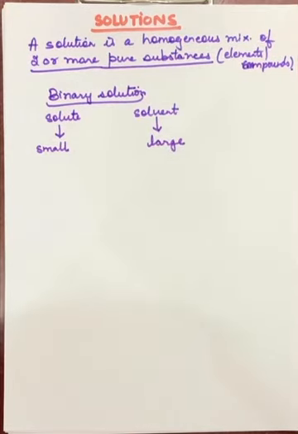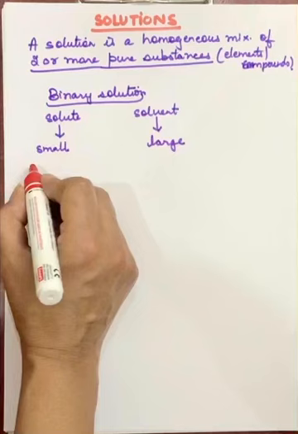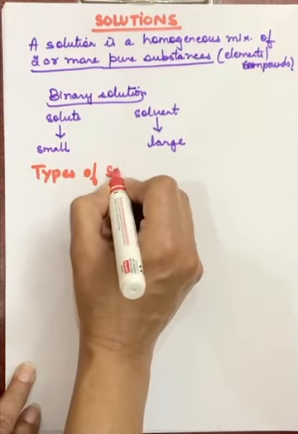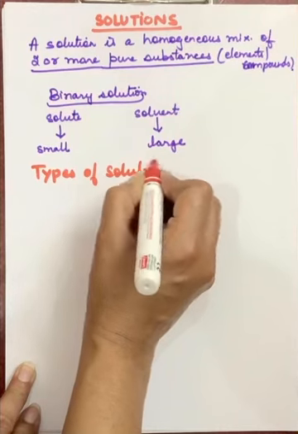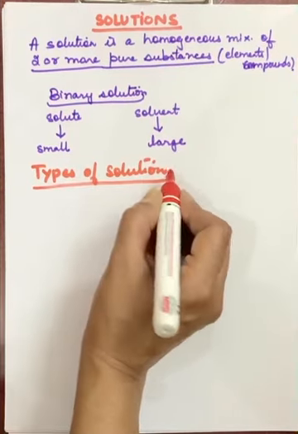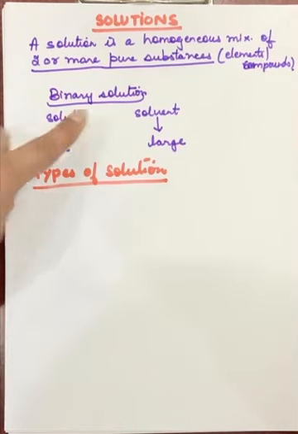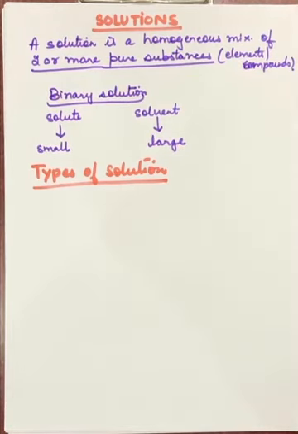Next, after this, we have types of solutions. How many types of solutions are there? Based on the physical state of solute and solvent. That is, the solute is in a solid, liquid or gaseous state. Similarly, solvent is in a solid state, liquid or gaseous.